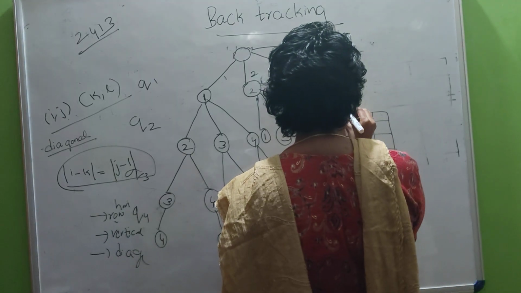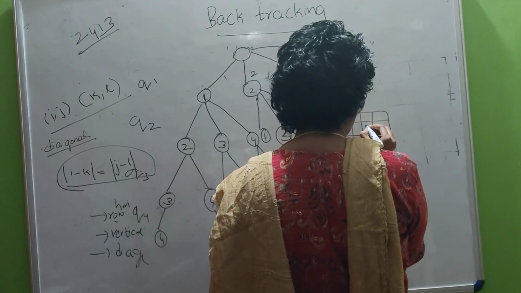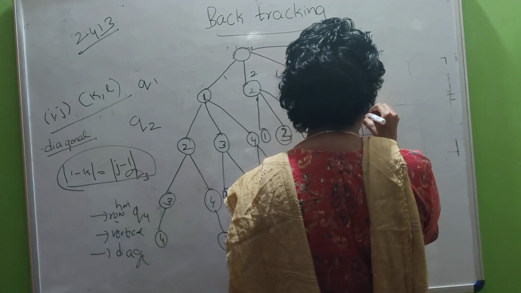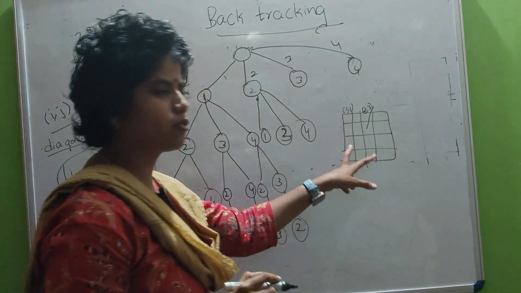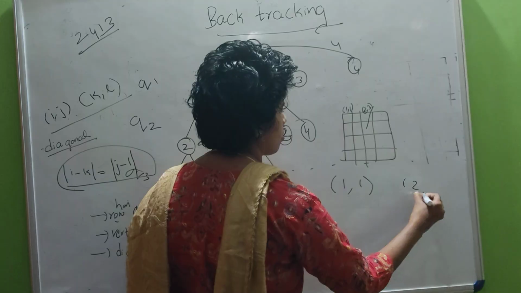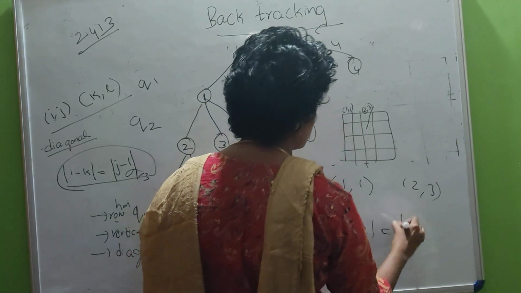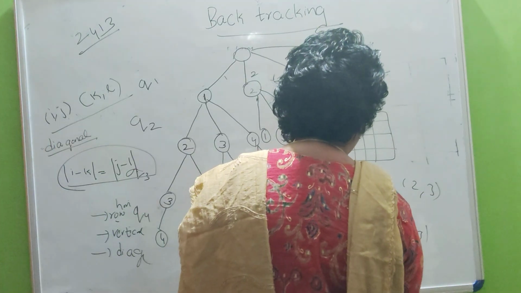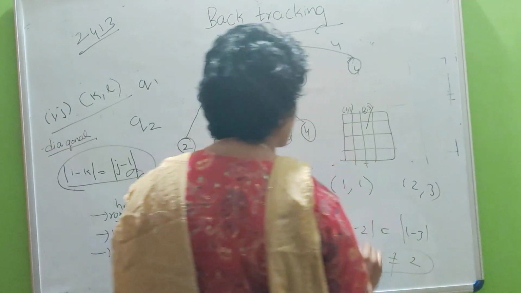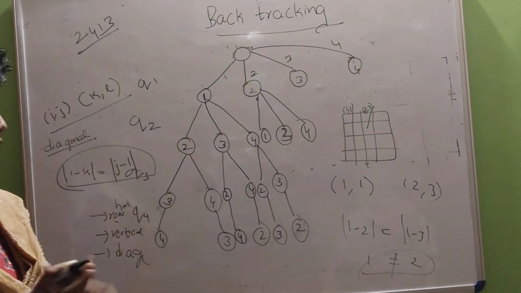Now this is cell 1, 1. This is cell 2, 3. Take 1 minus 2 modulus is equal to 1 minus 3 modulus. You will get 1 equal to 2. This is not equal, so the cells 1, 1 and 2, 3 are not placed on the same diagonal.